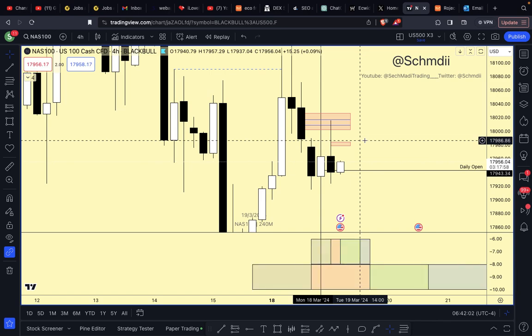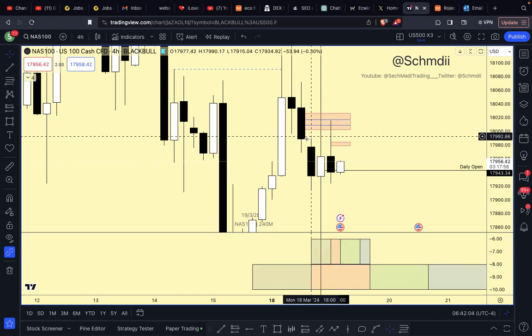See, we have a gap there on the 4 hour, as you can see. I'm just going to mark that out and look at this as a potential short entry position.